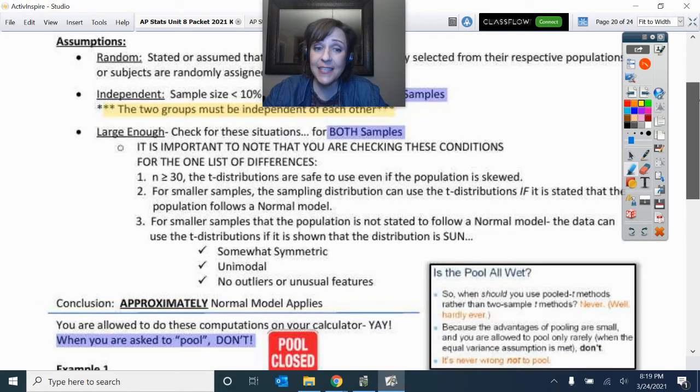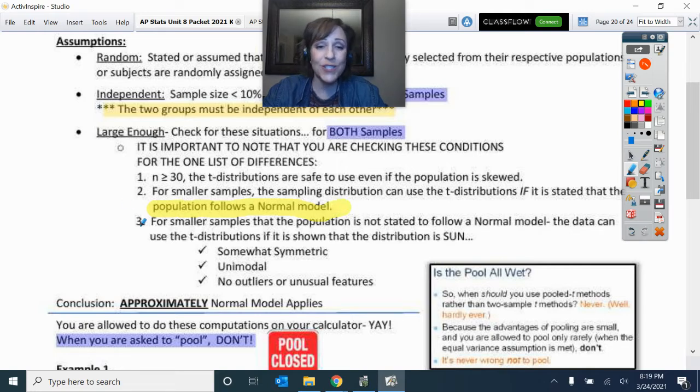And then you have this large enough condition, which we talked about yesterday. Remember, we're checking it for both samples. So if they're both greater than or equal to 30, then we're good to go. If they're smaller, then you're checking to see if that population followed the normal model.